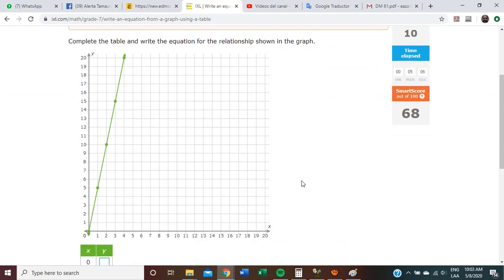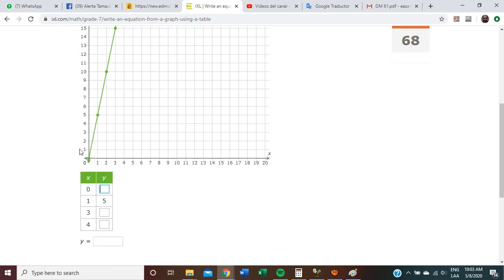Okay, this is a little bit more complicated, but it's not that complicated. All right, so when x equals 0, y equals 0. All right, because they are both in the 0. Okay, so the next coordinate is when x equals 1, y equals 5, which is right here.